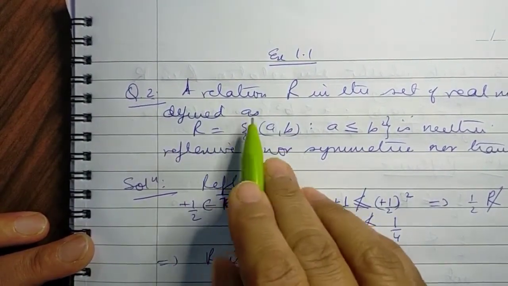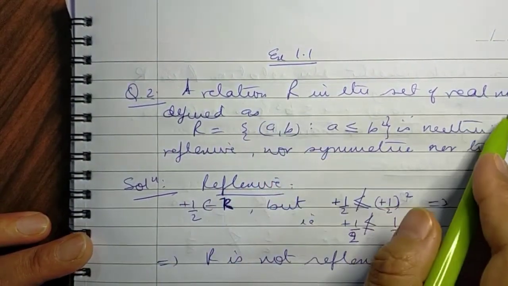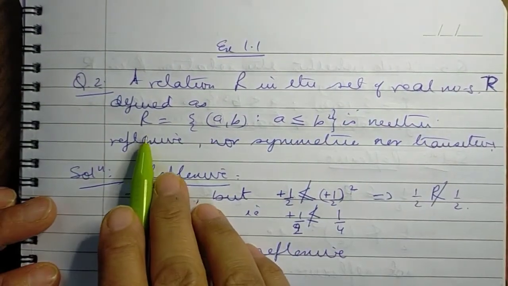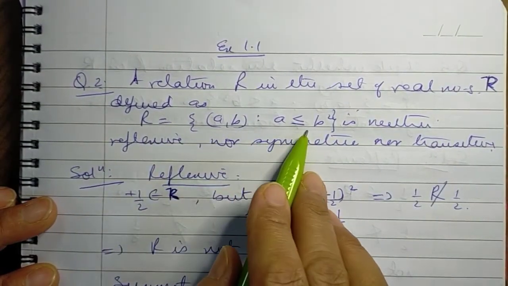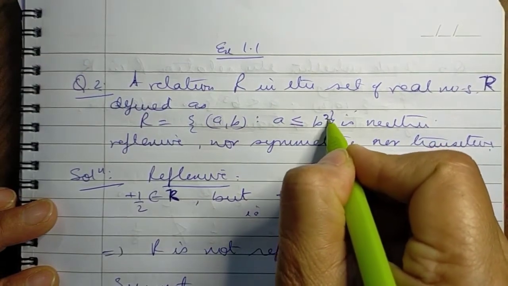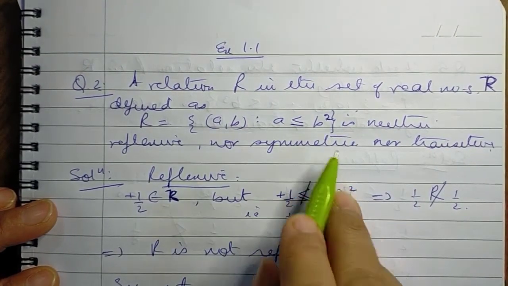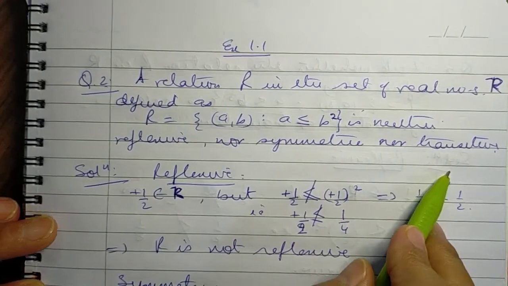We are given a relation R on the set of real numbers defined as (a, b) such that a is less than or equal to b squared. We have to prove that it is neither reflexive nor symmetric nor transitive.